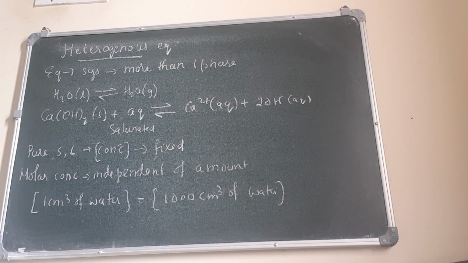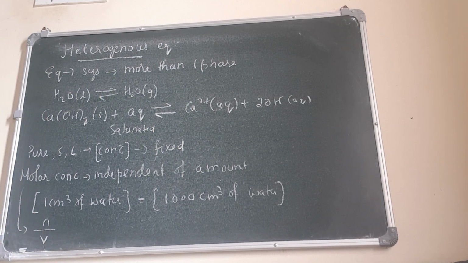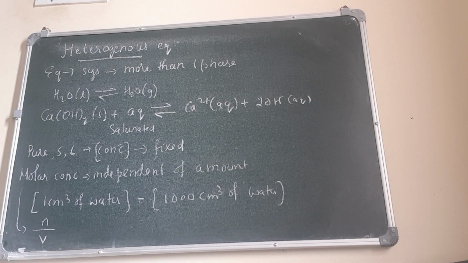Molarity is nothing but the number of moles in 1 liter of a solution. So even if the volume is increased, the number of moles will also increase by the same amount, such that this is constant.